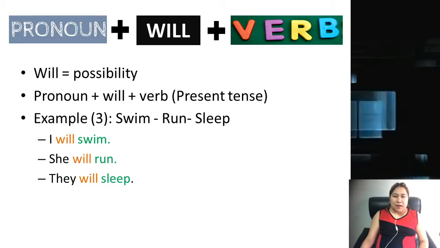And so we have, she will run. Finally, we have a third sentence. Again, remember the use of the pronoun. In this case, I use they, the auxiliary, and the verb sleep. And I get a sentence like this: they will sleep.